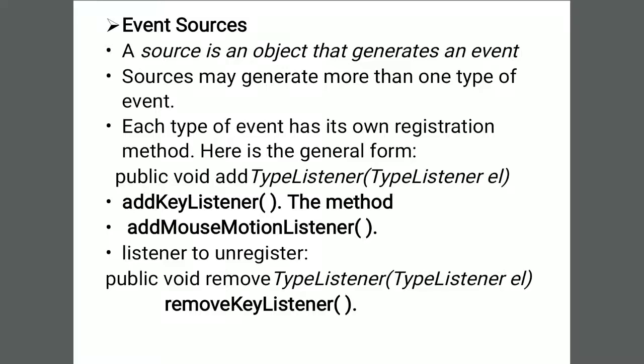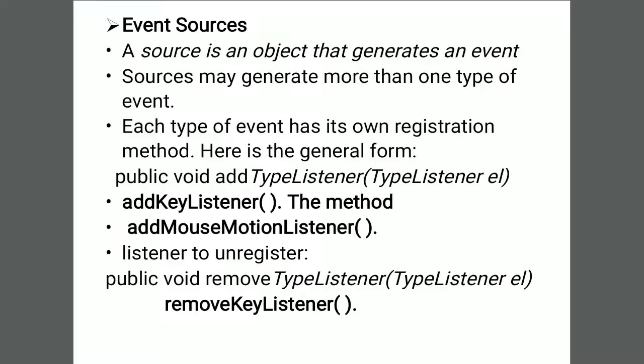This is how we can register a particular event. One example: addKeyListener registers the event generated by the keyboard. addMotionListener, this registration method will notify when an event is generated with respect to the motion or movement of the mouse.